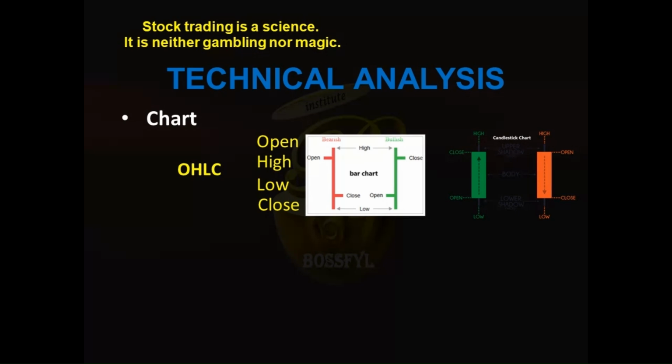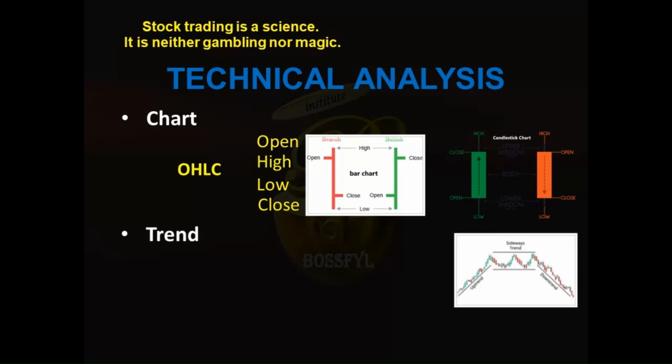Now, coming to the next point of technical analysis, understanding the trend. Trend is this: if you look into the stock prices of a particular company or stock, or maybe the index, what is the actual trend of the stock price from the beginning of the period to the end of the period?